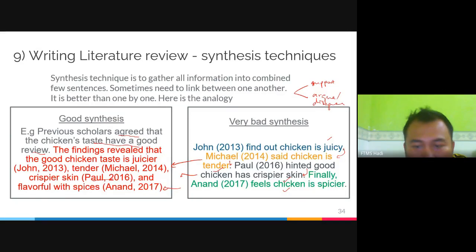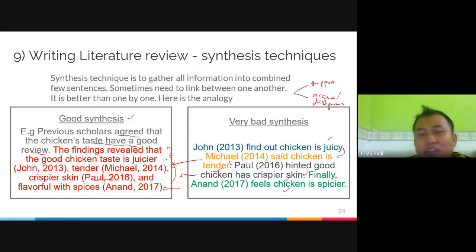They combine multiple findings into one or a few sentences, which then concludes. That is what we call a synthesis. If you master this synthesis, it will be better for you to get very good marks on the literature review.